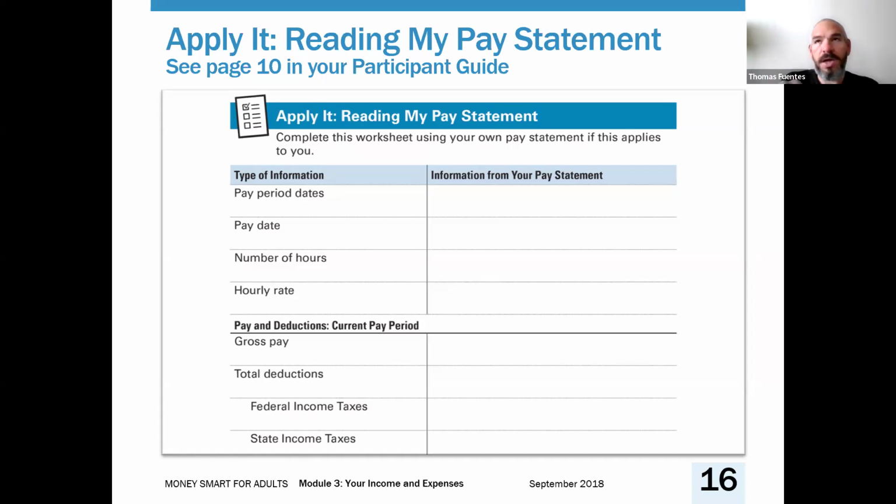And the nice part of this exercise is it's going to allow you not only to understand the current pay that you got on your pay statement, but all of those current or year-to-date items as it's aggregated throughout the year with every pay period. So that's kind of nice to see. And then a breakdown of the deductions as well. But yeah, you can check that out in the participant guide.